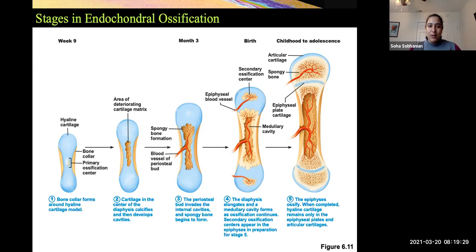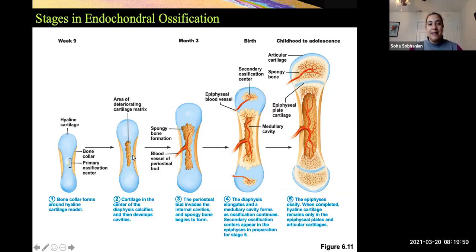So that kind of yellowish color. So the first thing you do is you form what we call a bone collar. So you see this bone collar forming right at the midsection of the cartilage. And then you form what we call primary ossification center, which is sometimes, it's not identical, but it's something similar to what you would have seen on the previous method.